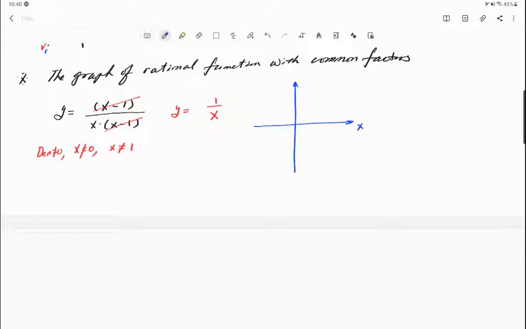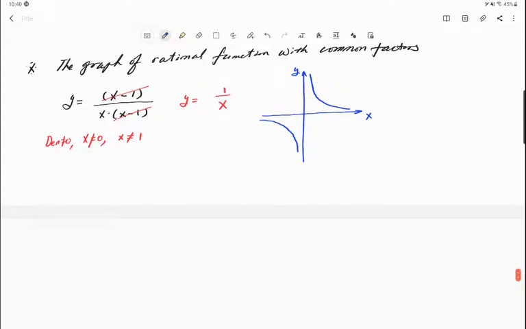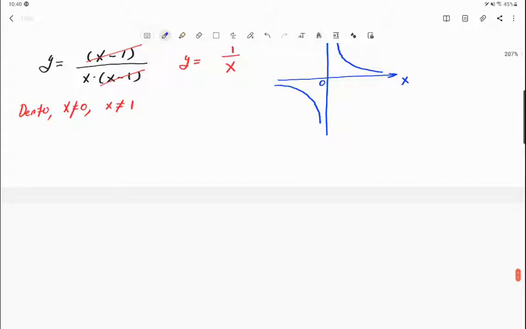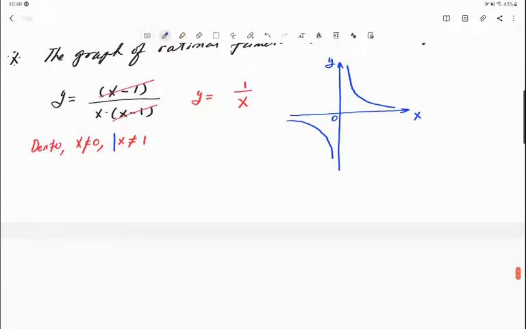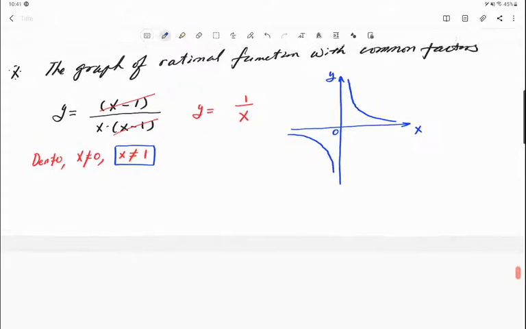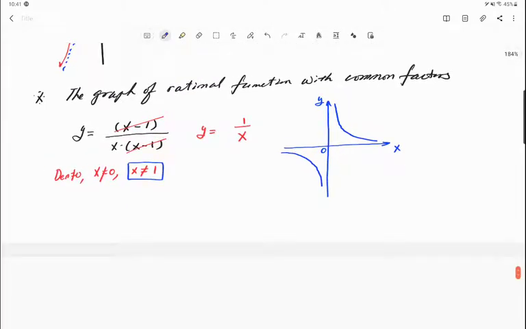Okay, keep in mind that the actual graph will be 1 over x, which is something like this, right? Something like this. But important thing is x cannot be equal to 0. There's no y value when x equals 0, and there's no y value when x equals 1. So before we simplify the rational expression, we know that x cannot be equal to 1 because there's no y value when x equals 1.